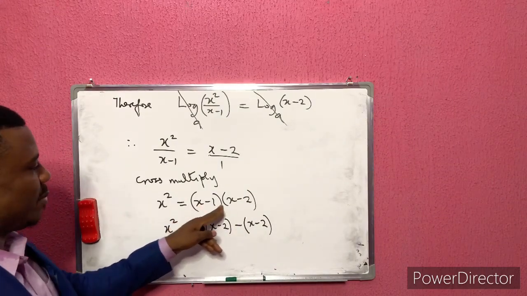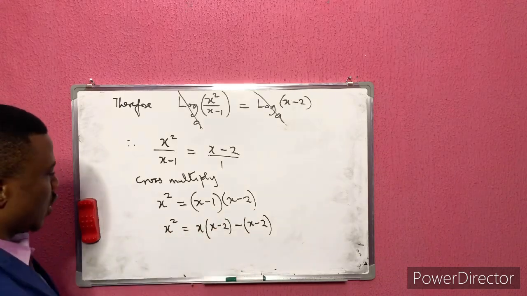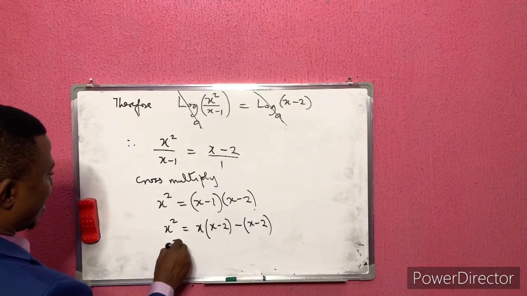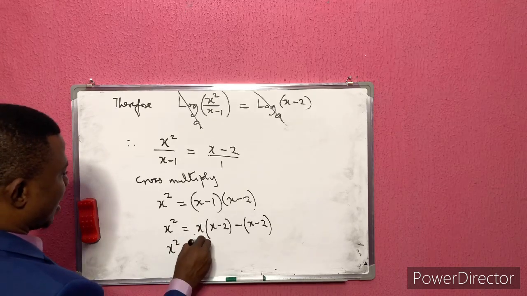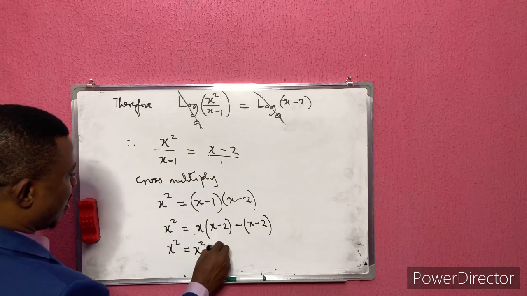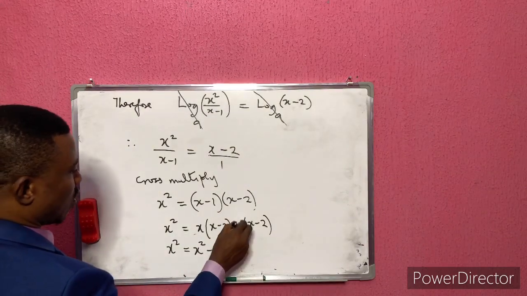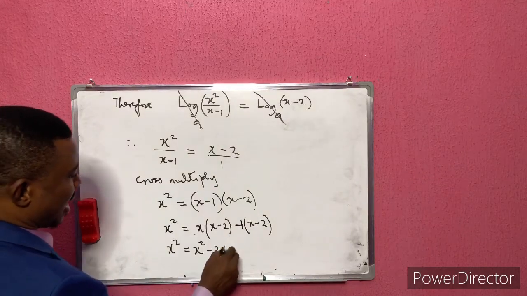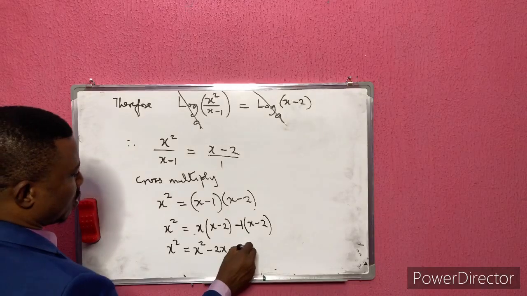This multiply this, and this multiply this. So we have x squared equals x times x, x squared, x times minus 2, minus 2x. Minus 1 times x, minus x. Minus 1 times minus 2, plus 2.